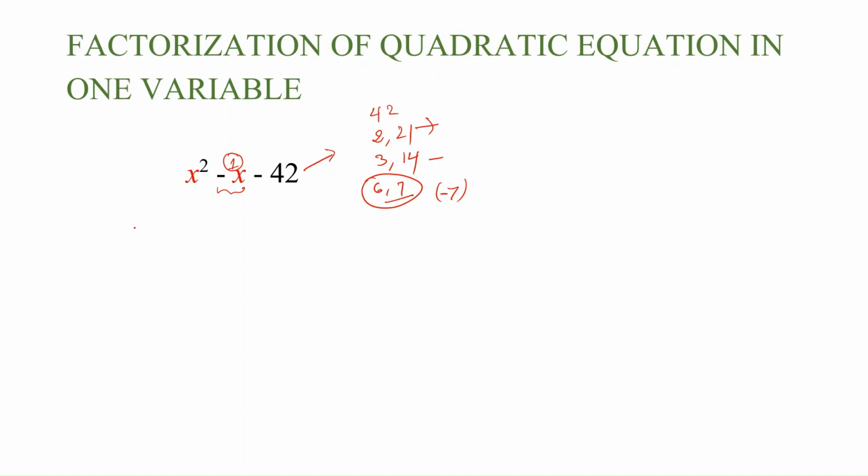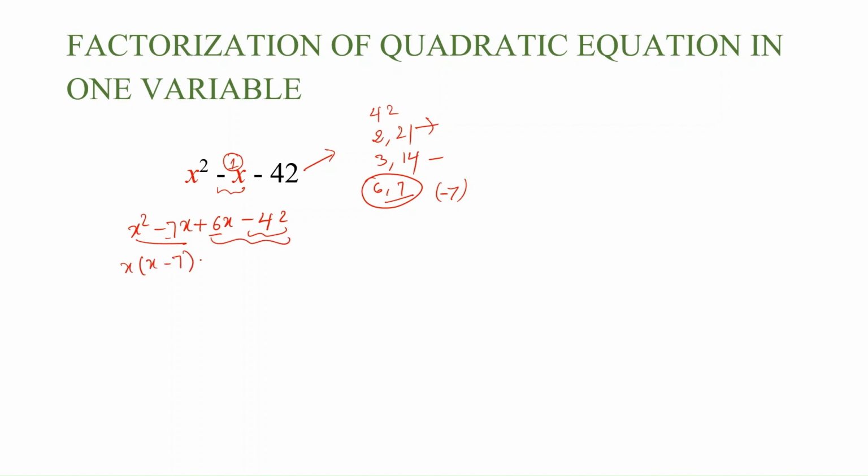Now split the middle term again: x square minus 7x. Then for 6, we will write plus 6x minus 42. If we check here, minus 7 into 6 is minus 42. So minus 42 is here. So this way of doing is correct. So we'll take x as common from these two terms, it gives x minus 7.